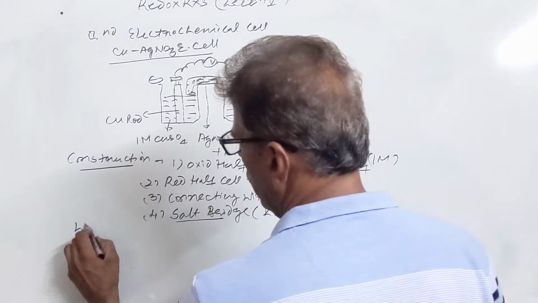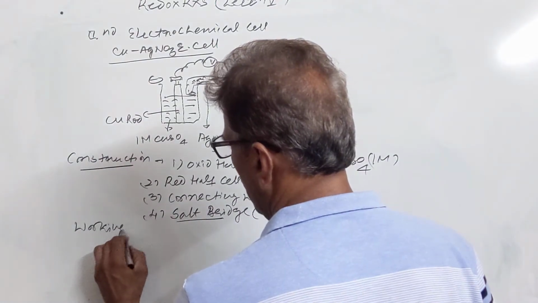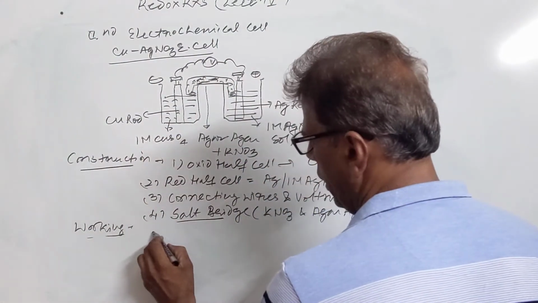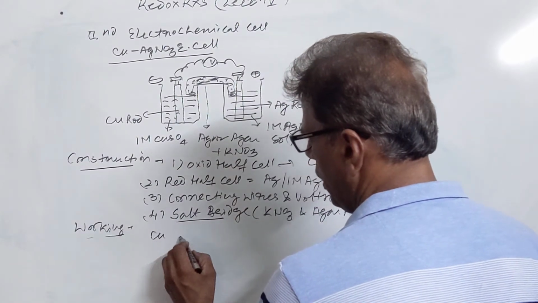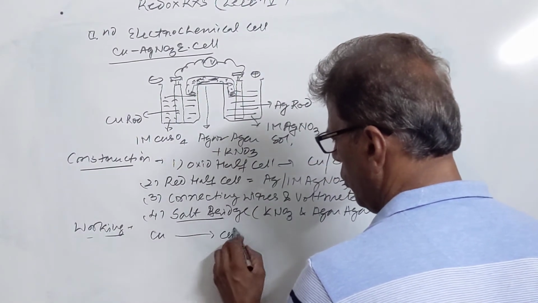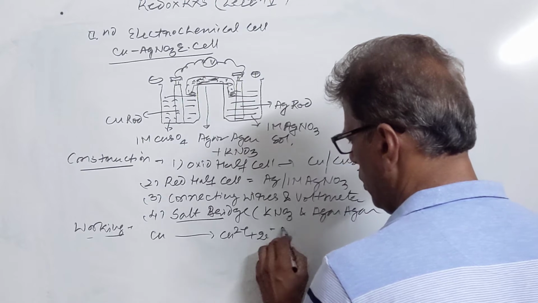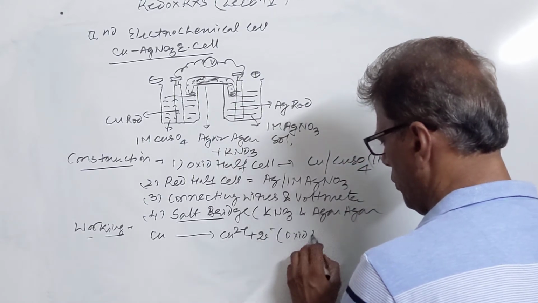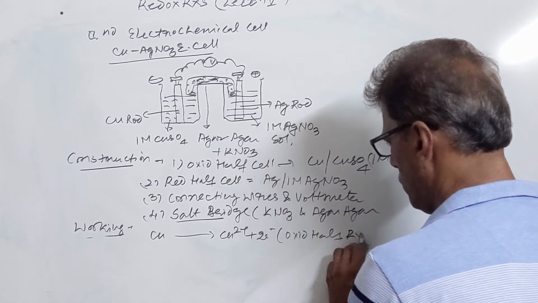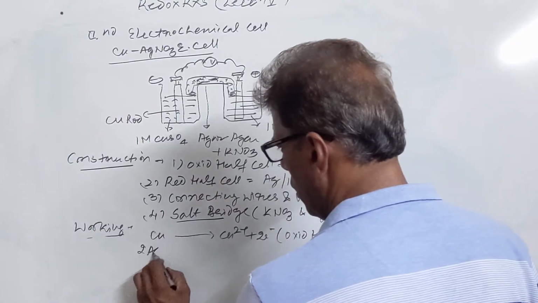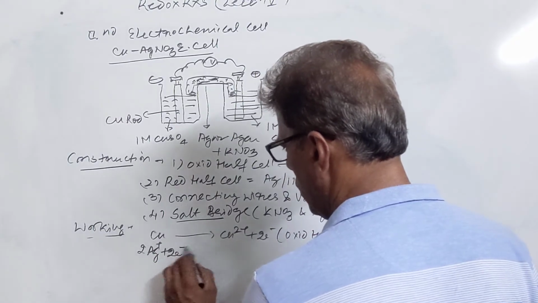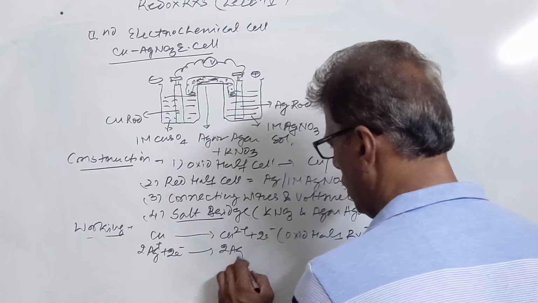Now we are working. When cell connections are made, we have the following reactions. Cu loses electrons first of all. This is called the oxidation half reaction. Silver gains electrons. This is called the reduction half reaction.